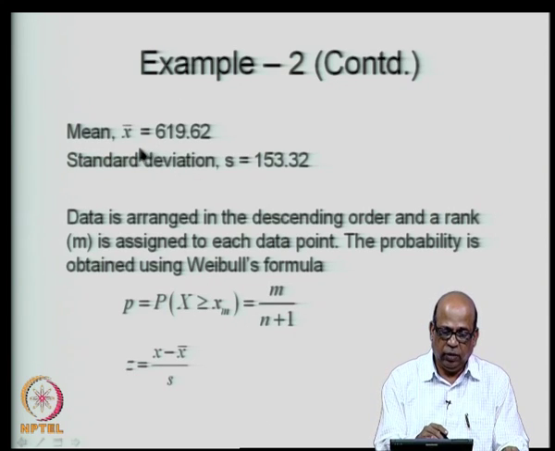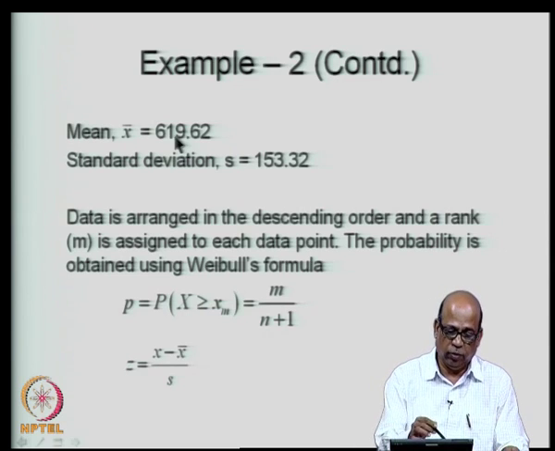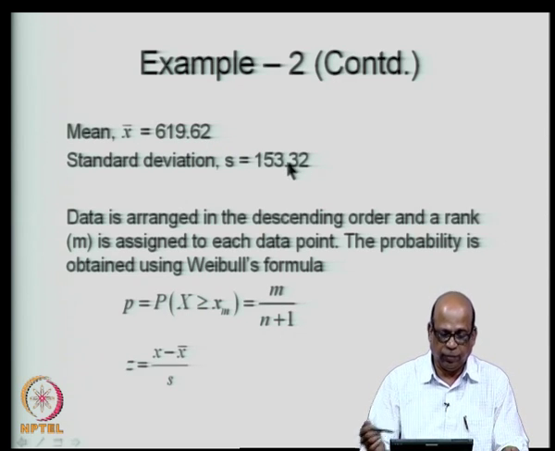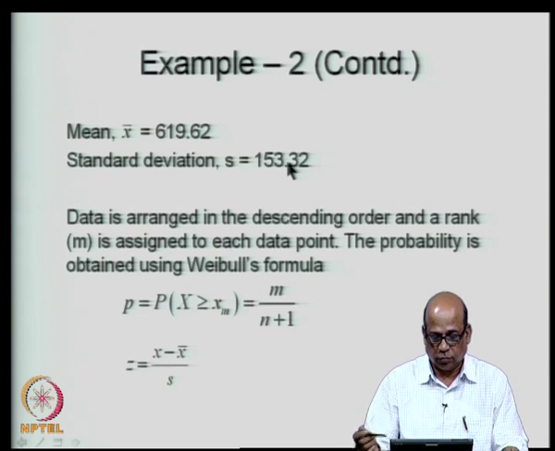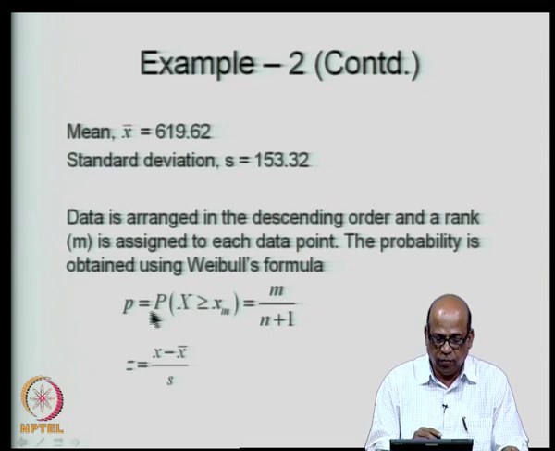We compute the mean and the standard deviation, because we need them for calculation of f of x, capital F of x, because we are following a normal distribution. Because it is a normal distribution, we need these two parameters. Then we arrange the data in decreasing order, and associated with each value, we first calculate small p, which is the probability of exceedance.